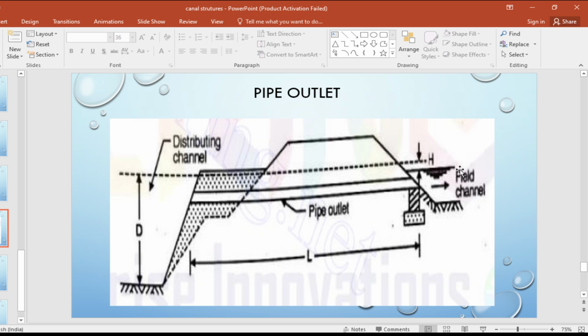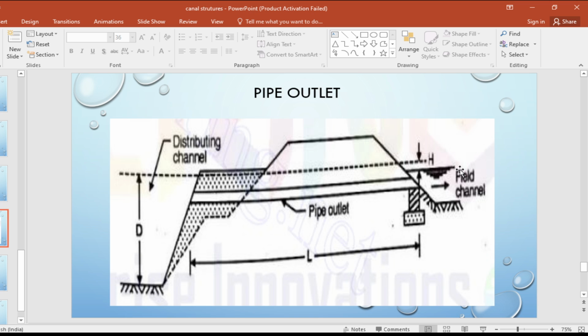The pipe for this outlet varies from 10 to 30 centimeters in diameter. These are frequently laid on a light concrete foundation to prevent uneven settlement and consequent leakages.